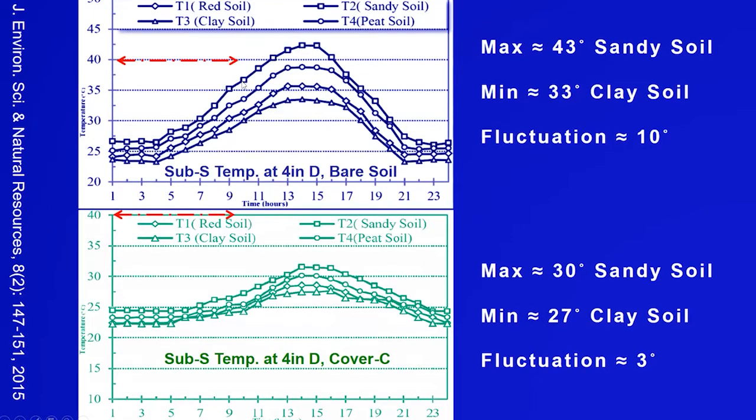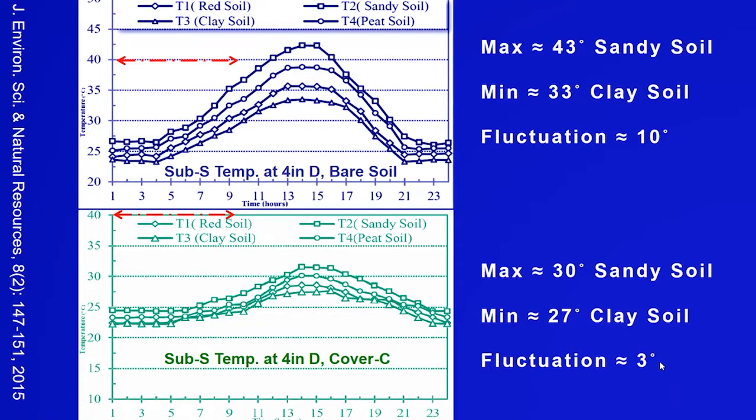Here, if we go to subsoil temperature at 4-inch depth, now look, it would be cooler. Here we don't have cover crop, but the fluctuation, the same measurement was 14, but here we have a 10-degree fluctuation. And if we have cover crop and we go to measurement at 4-inch depth, we will get only a 3-degree difference.